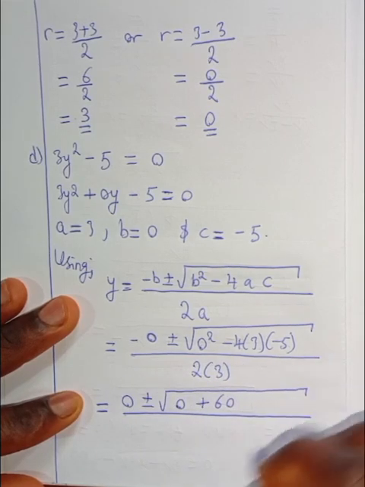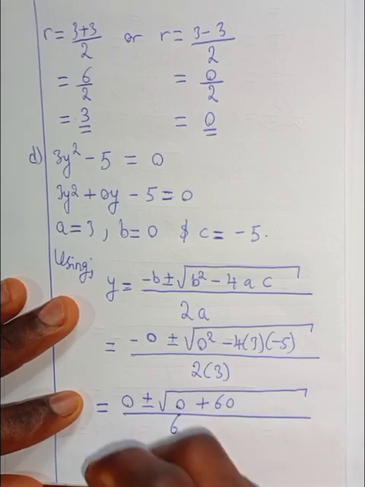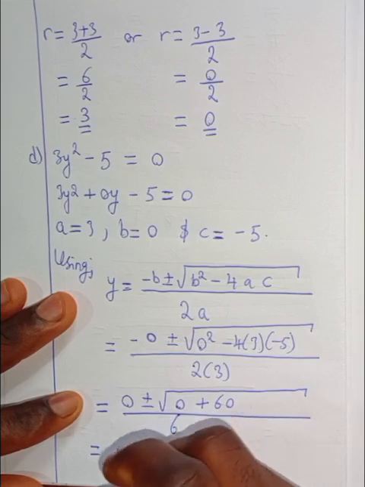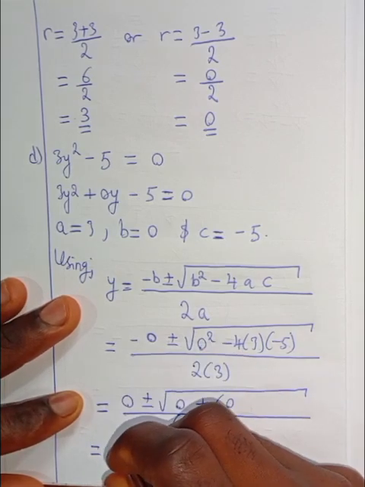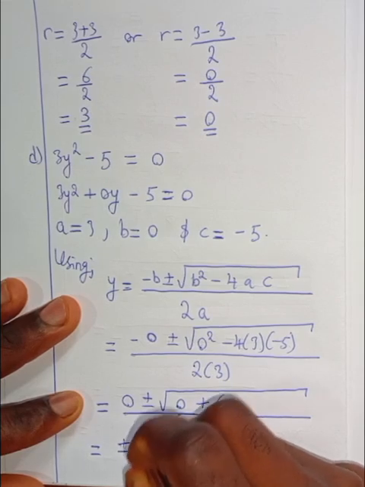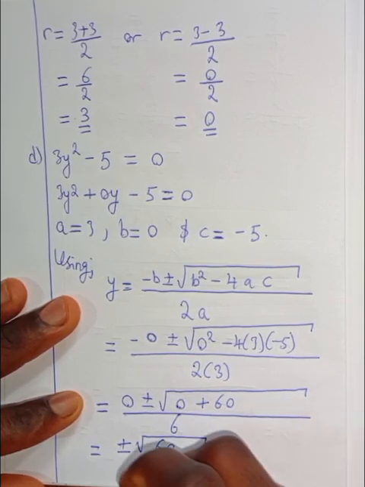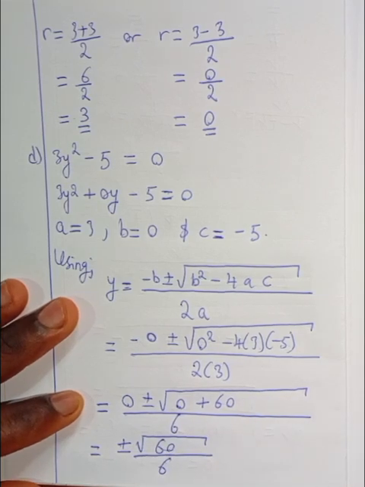We divide all this by 2 times 3, which is 6. So this will simply be equal to 0 plus or minus the root of 0 plus 60, which gives 60, all over 6.